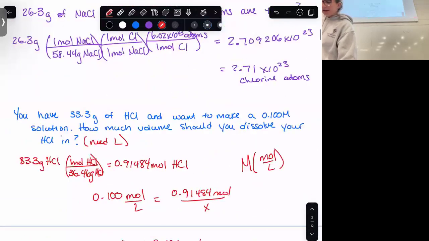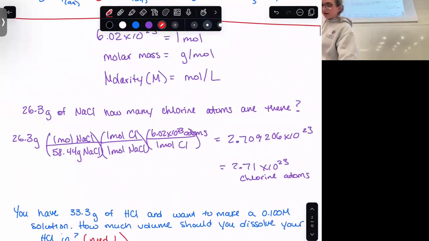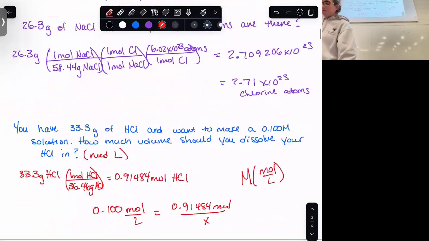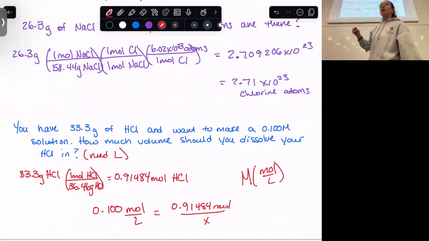If we look back at our molarity question up here, we did a lot of addition and subtraction. Your molar masses are significant for far greater than what they actually show on the periodic table. So you don't count those significant figures, right? Those are infinitely significant. But we were given 33.3.